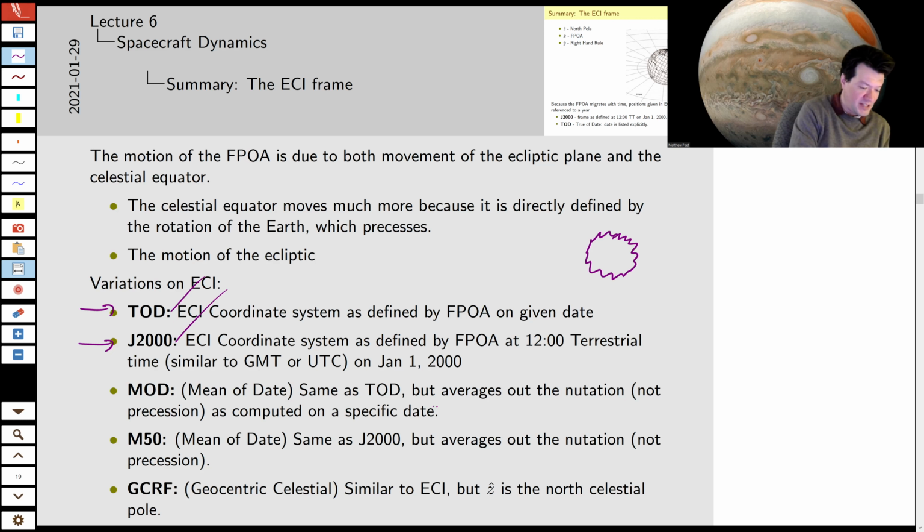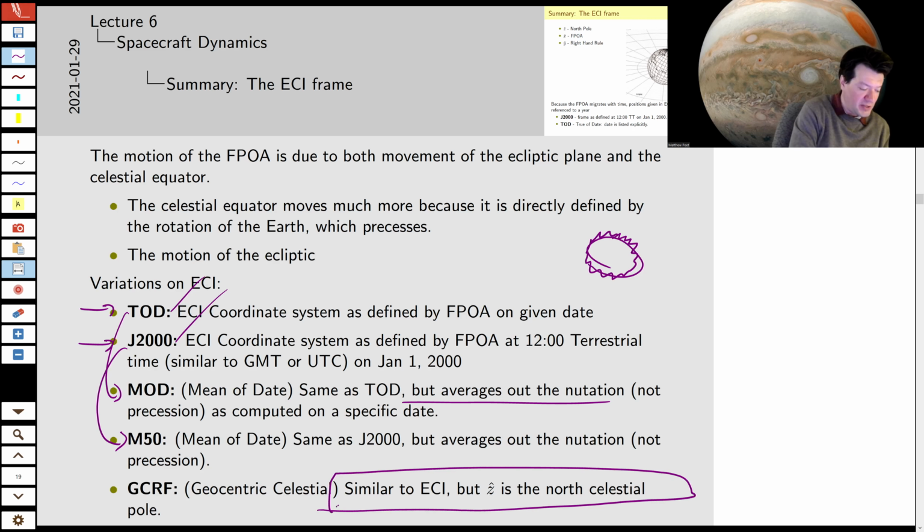Mean of date sort of takes the average through these rotations, these nutations. So that's mean of date, the equivalent for true of date, and then M50 is the equivalent of J2000.